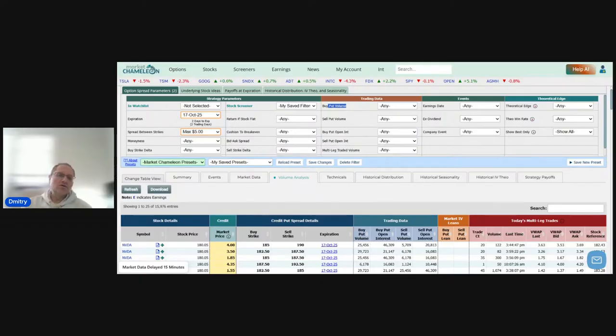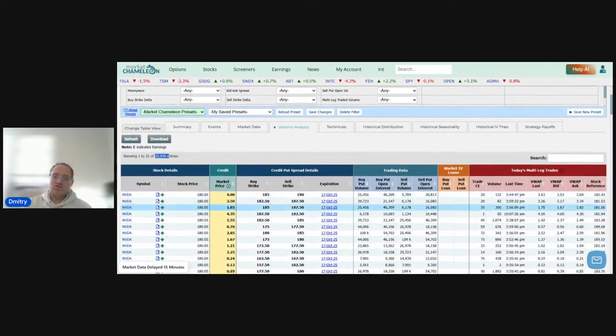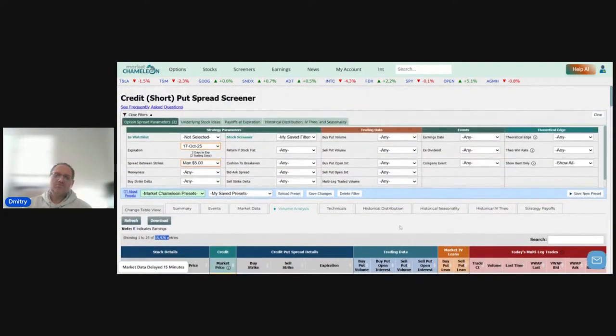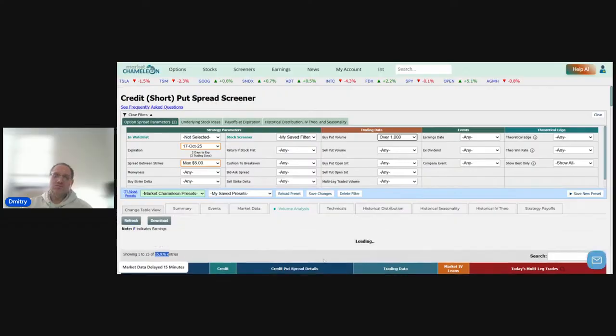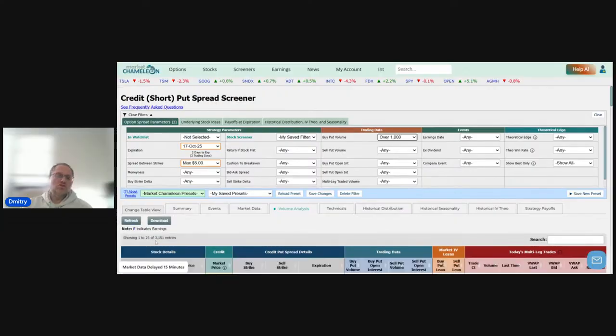Right now we have over 15,976 potential spreads to analyze. But let's say we want to narrow down that there are at least 1,000 contracts traded in each of those legs. So I'm going to say for the buy put, volume over 1,000. Now this screener just narrowed it down to 3,151.